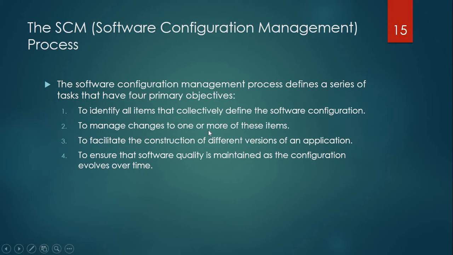After identifying and managing the changes, if different versions of the software are being built, SCM will also have to facilitate the construction of those versions. Fourth, to ensure that software quality is maintained as the configuration evolves over time. This is the main and important thing, to ensure the software quality is maintained.